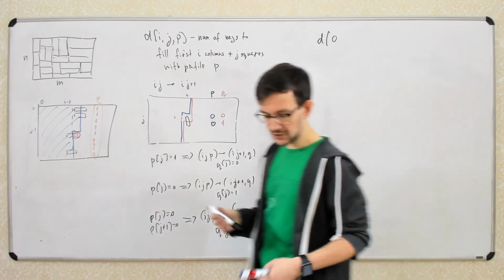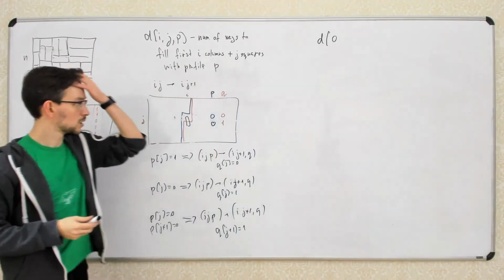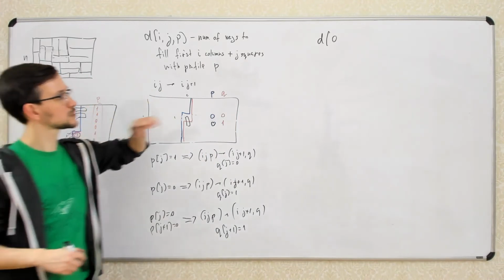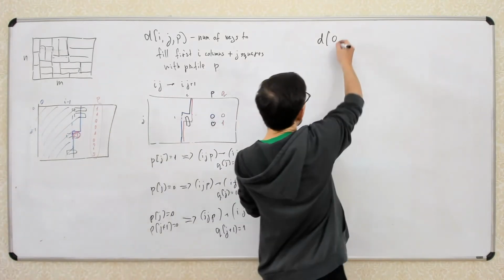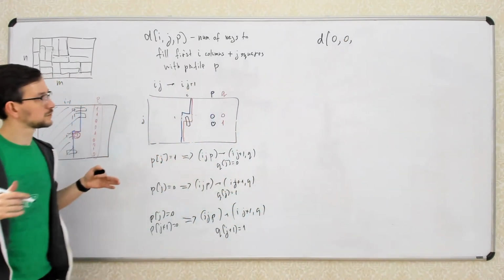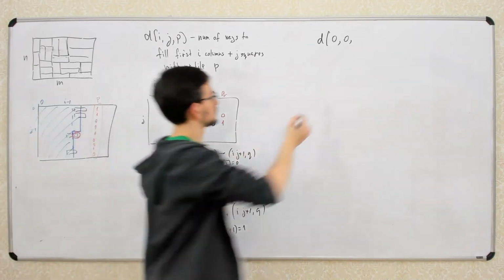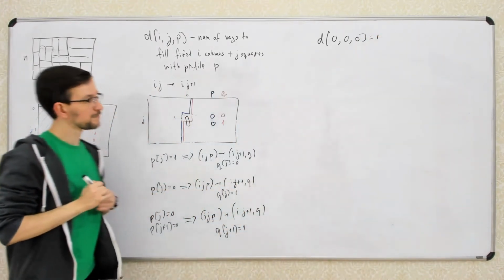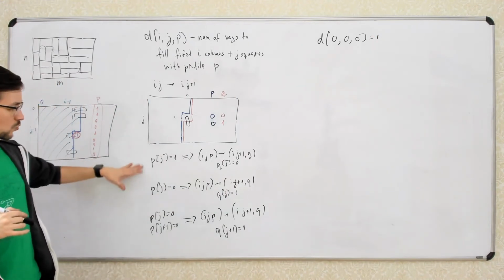Okay, so what is the first state of dynamic programming? We start with the state when we didn't fill anything. So we filled 0 columns, 0 squares in the first column, and the profile is 0. And now we just move from one state to another.